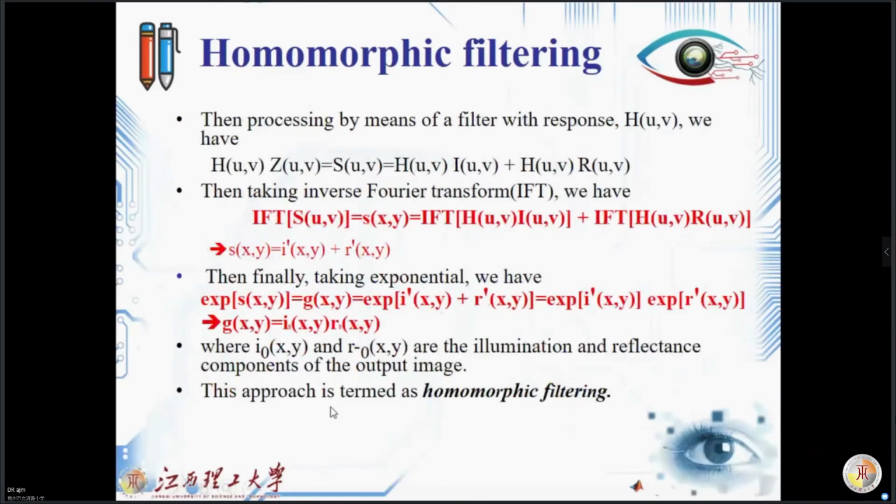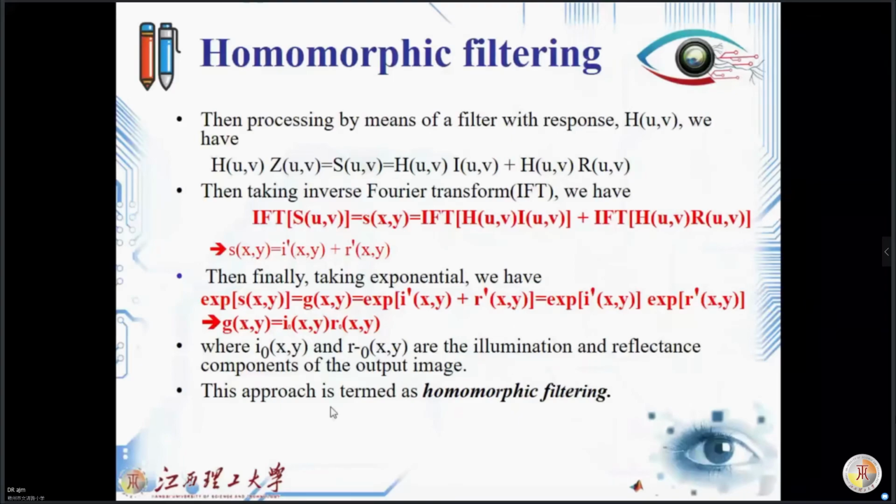The processing by means of a filter with the response H(u,v), we can have H(u,v) multiplied by Z(u,v). And then we can separate the illumination multiplied by H(u,v) and the reflectance part R(u,v).